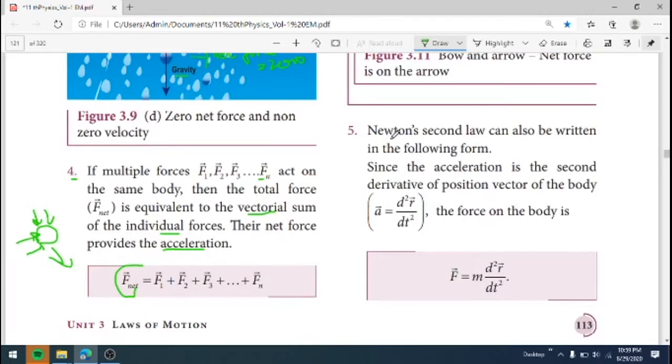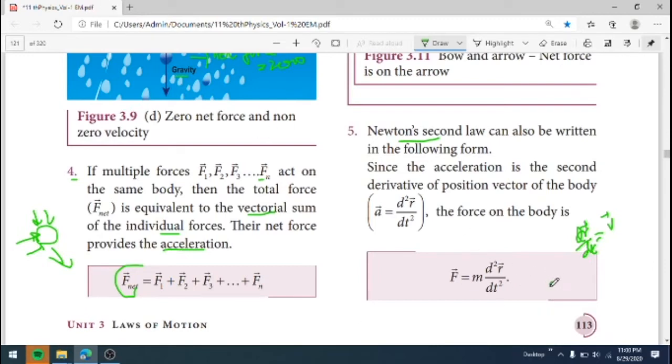Coming to the fifth discussion on Newton's laws of motion, it is about second law. See, you know very well that second law can be written in the following form, as the second derivative of the position vector. You know, position vector is denoted as r vector. The first derivative of position vector is dr vector by dt, that is nothing but velocity vector that we have learnt, right? What's the second derivative of this position vector?